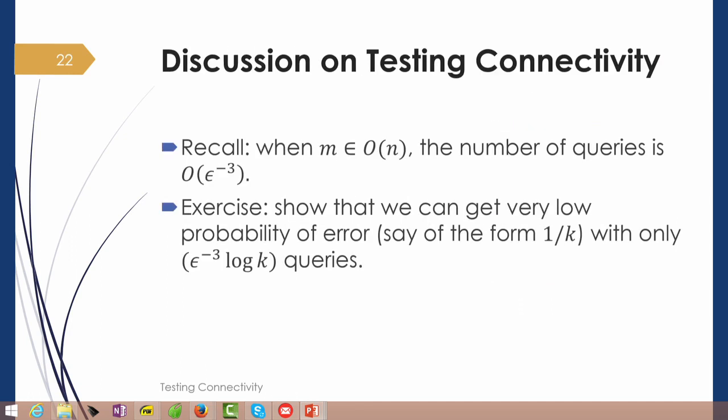Before we conclude, let's have a quick discussion on what we have studied so far. Just to remind you, when m is O of n, the number of queries is only O of epsilon to the minus 3, and if epsilon is also fixed, we are talking about a constant number of queries.